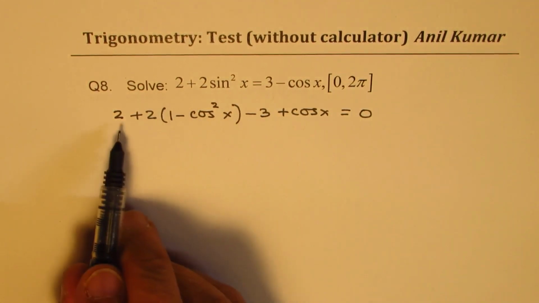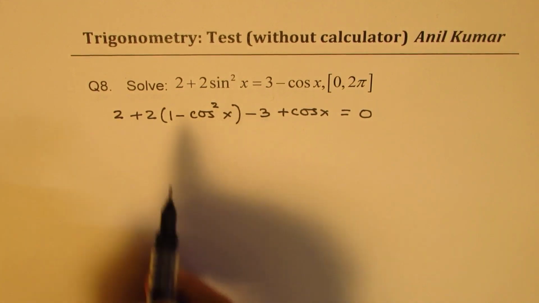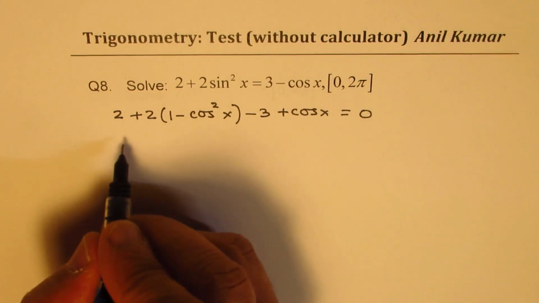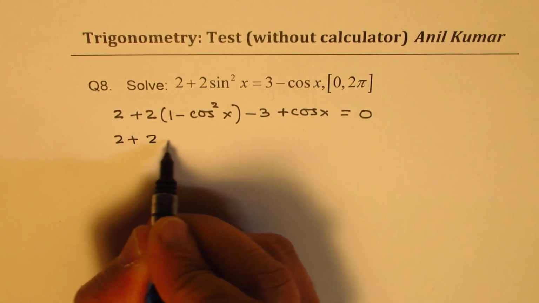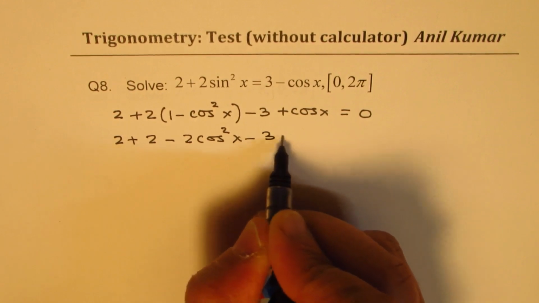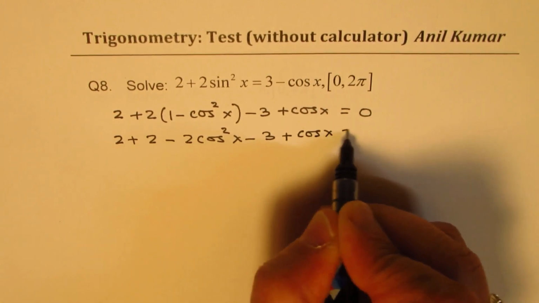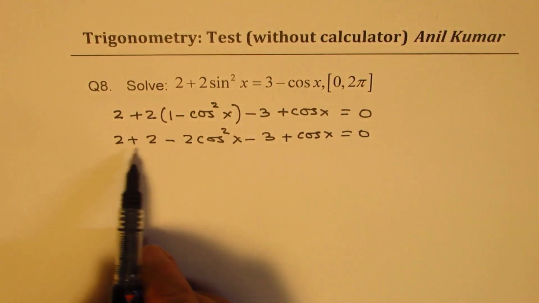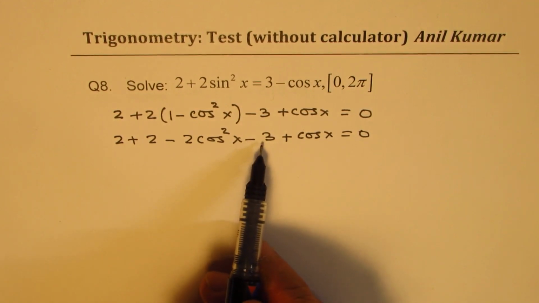Right? Let's open the bracket first. So here 2 plus 2 minus 2 cos square x minus 3 plus cos x equals 0. 2 plus 2 is 4. 4 minus 3 is 1.